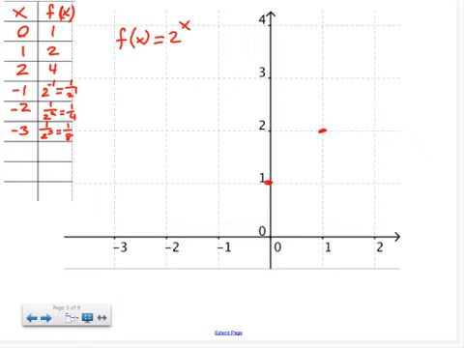So now if we plot these dots, we're going to get a somewhat interesting picture here. We'll say negative 1, 1/2 is here, negative 2, 1/4 is here, and negative 3, 1/8 is here. Okay, now I'm going to try and connect these dots as well as I can with a smooth curve. So some observations to make about this curve.